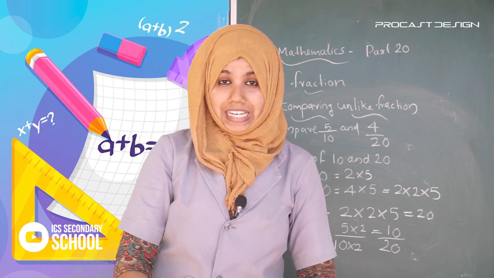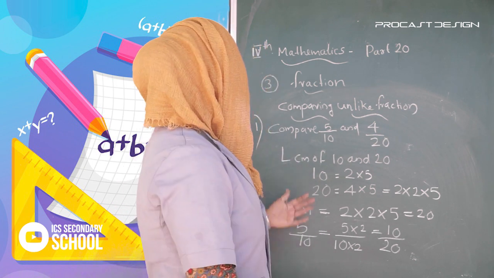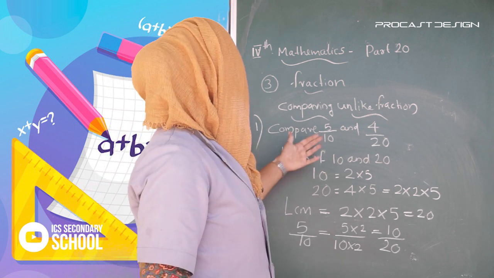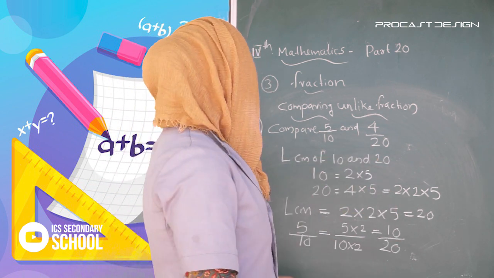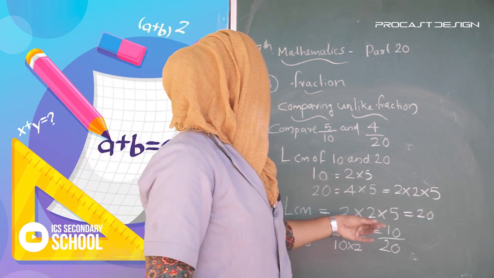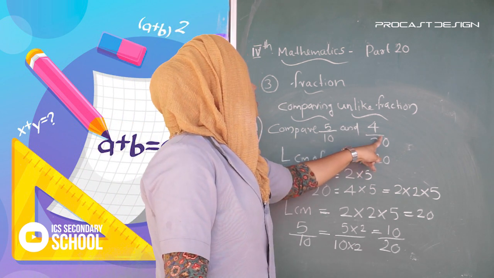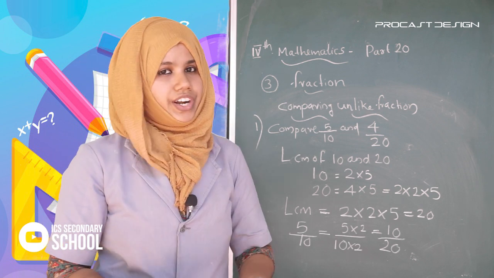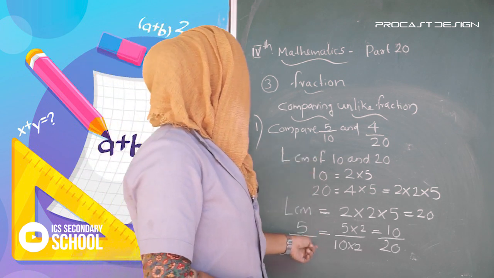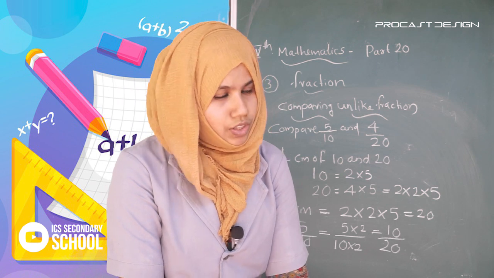Given unlike fractions to compare, first find the LCM of the denominators. LCM means the product of the maximum occurrence of the prime numbers. Here 2 and 5 are there, 2 occurs a maximum of 2 times, so we get the LCM 20. For 4 by 20, the denominator is already 20. We change 5 by 10: 10 multiplied by 2 gives 20.